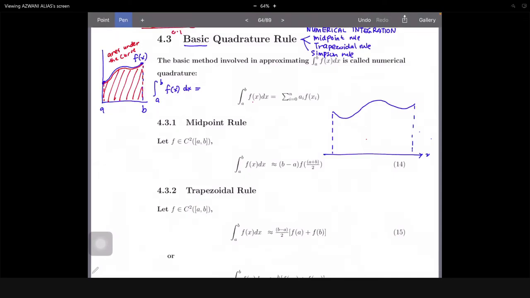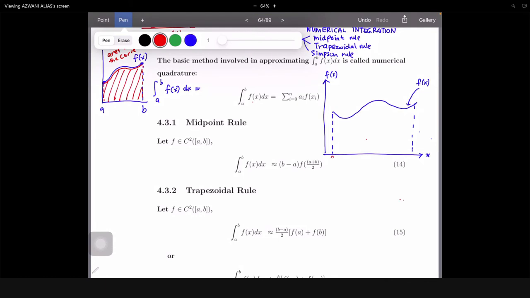This is x and ni fx lah kan. So the blue curve ni adalah the function of fx. Okay, nampak? And this is point A, this is point B.